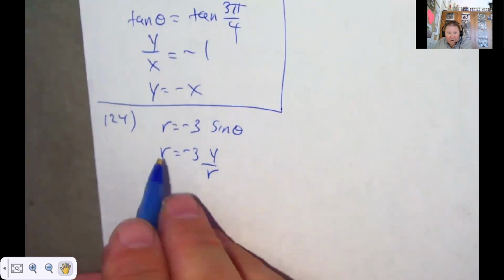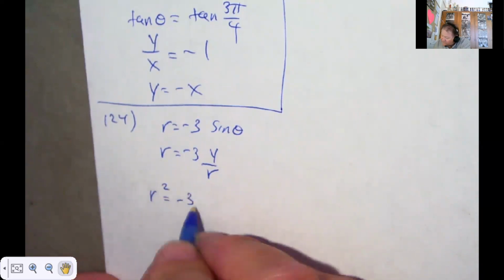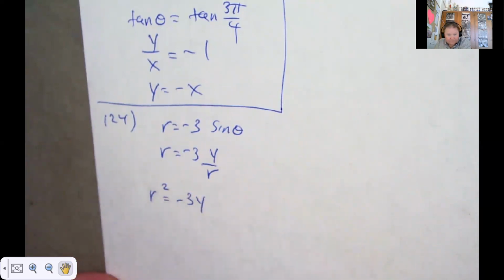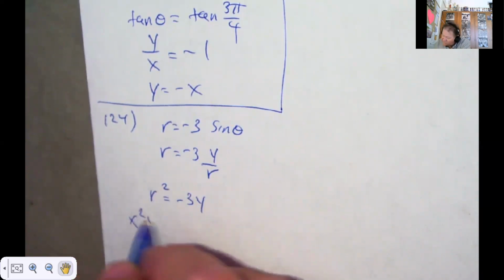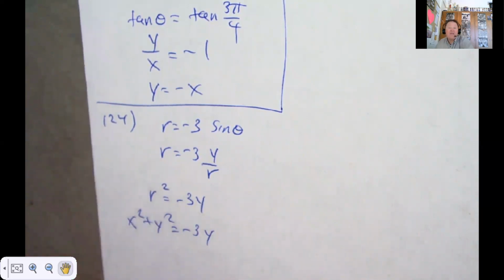Multiply both sides by r, and you get r squared equals -3y. And then you could write r squared as x squared plus y squared equals -3y. And I guess that's okay. I mean, I could move everything to one side and have it in standard form, a general form.